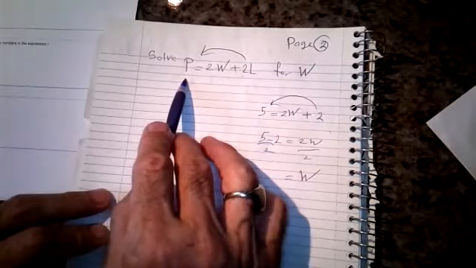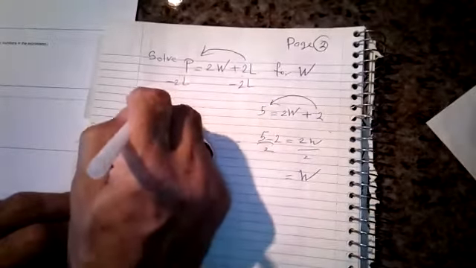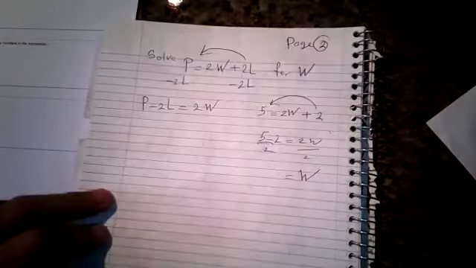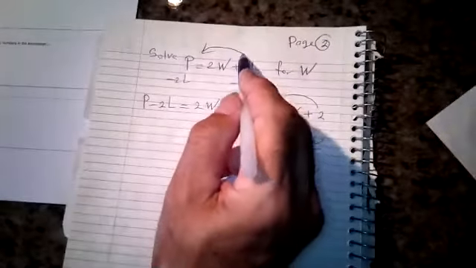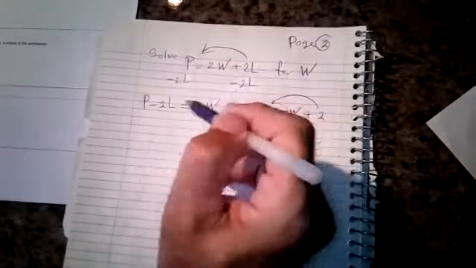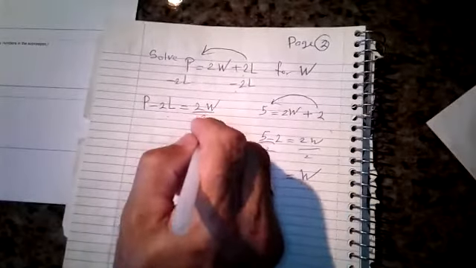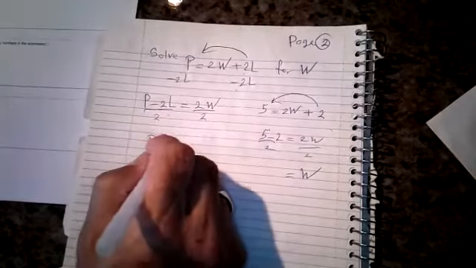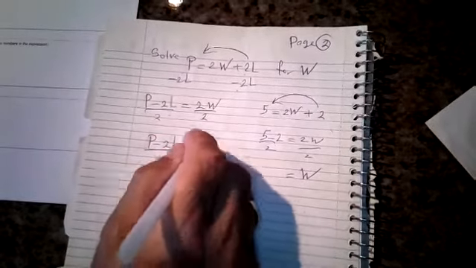You could either see it that way or just say, okay, I'll subtract 2L. Same thing. So P minus 2L equal to 2W, okay? Now you want to find W, divide both sides by 2. So it would be P minus 2L over 2 is equal to W.